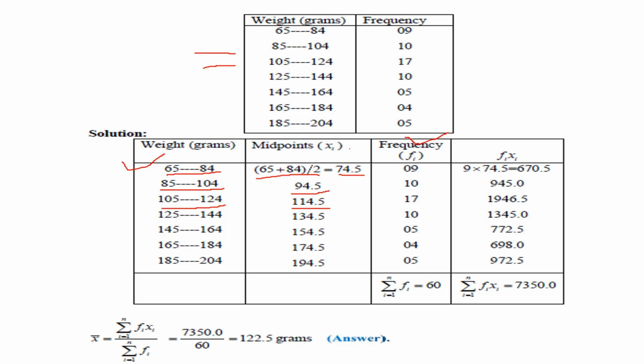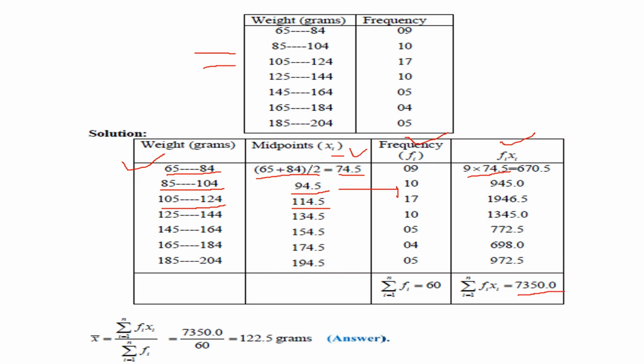Then this class mark, or midpoint, we multiply by the f, meaning fi xi. This is the multiplication of these two, and this is the sum of this whole column.